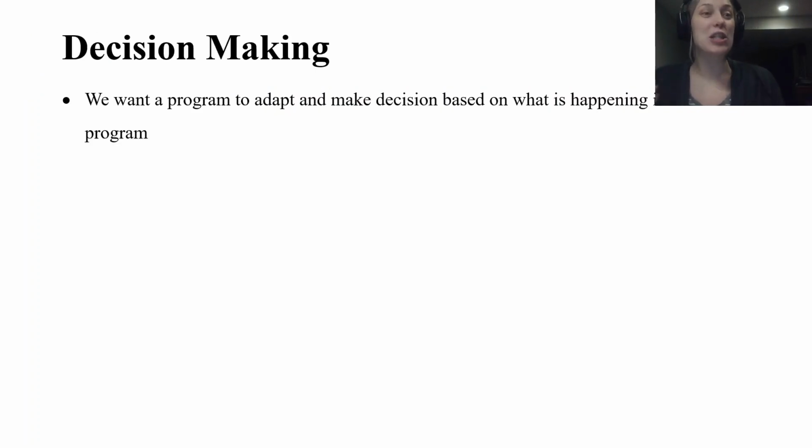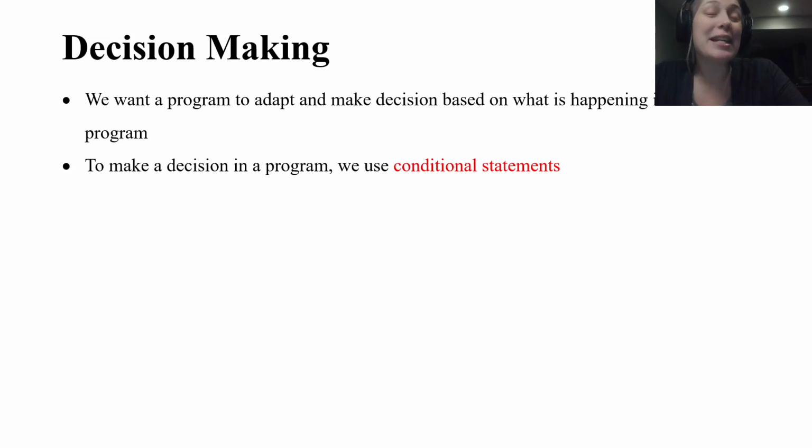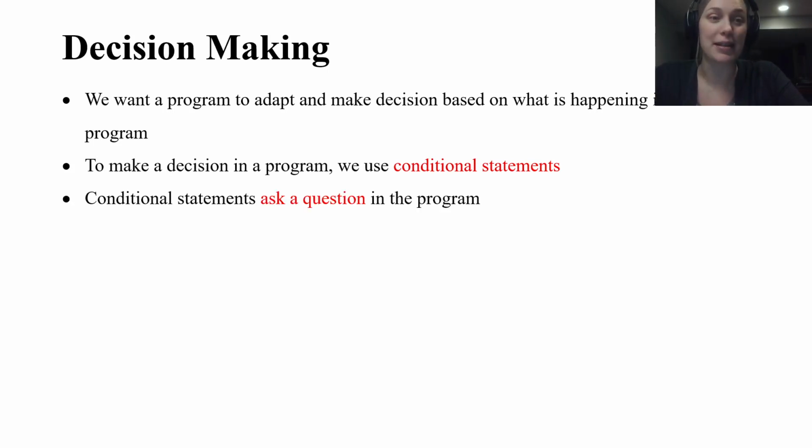We have conditional statements to allow our program to make decisions and adapt based on what's happening in our program. To make a decision in our program, we use what's called a conditional statement.